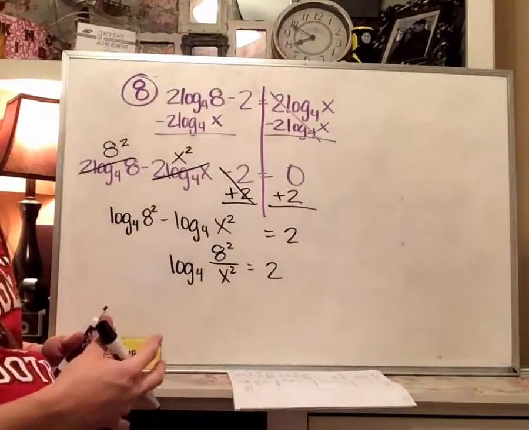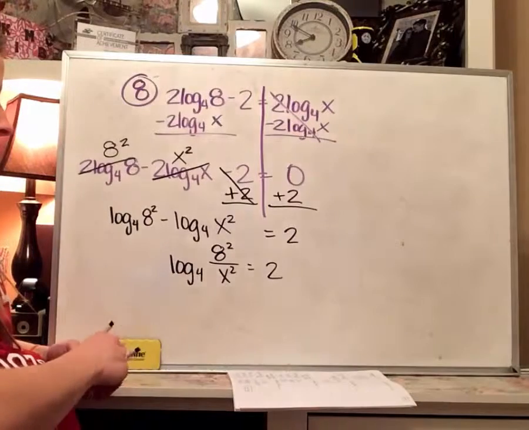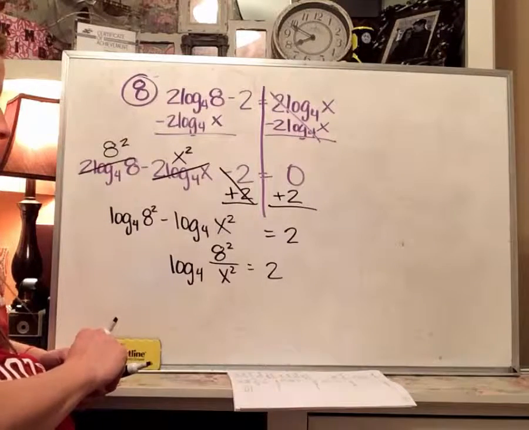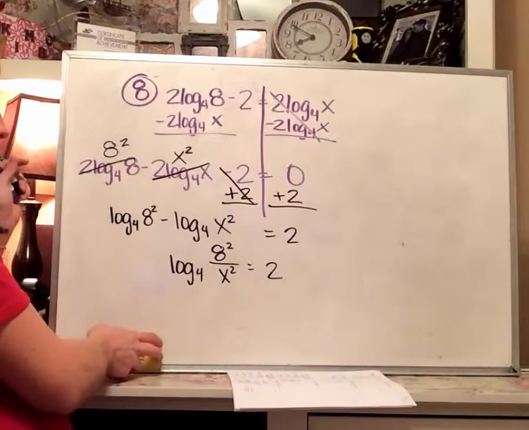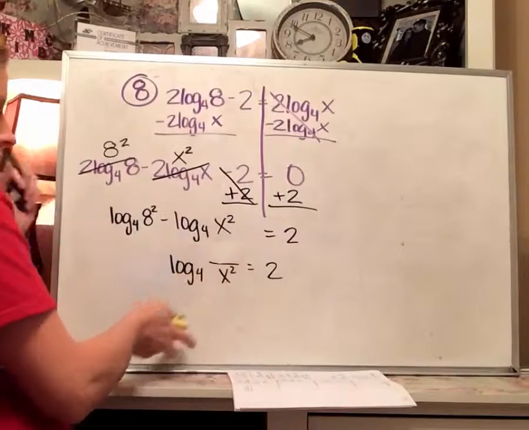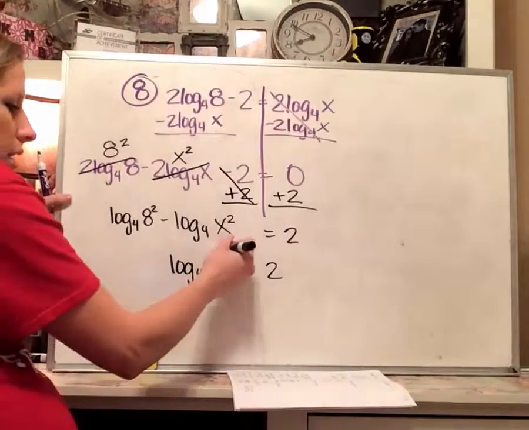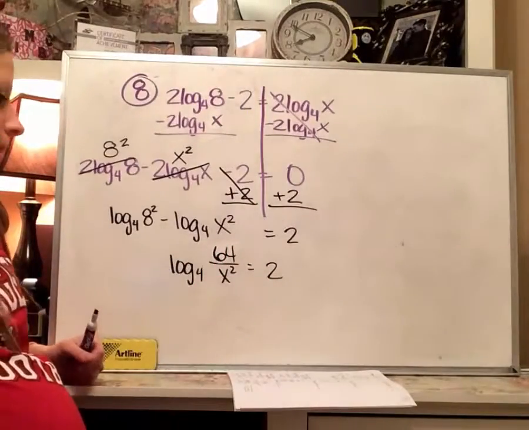I just condensed the left side. 8 squared is the same thing as 64, so I'm going to change that. This would be log base 4 of 64 divided by x squared equals 2.